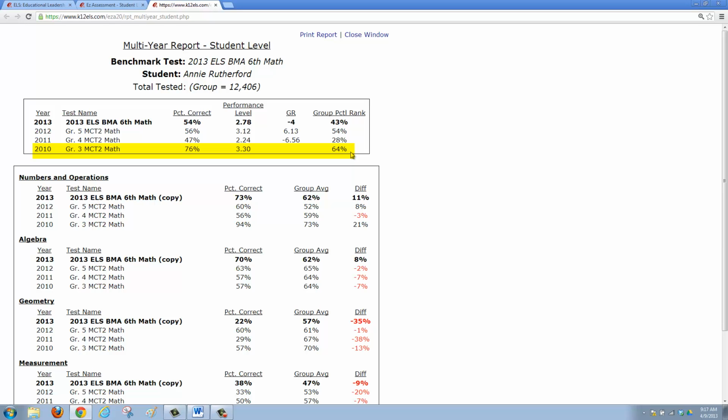So over the years she did very well in 3rd grade. In 4th grade she did very poorly. She did better in 5th grade, but she fell back a little bit on the 6th grade math benchmark assessment. So it's showing you her performance relative to the overall group of 12,000 students.